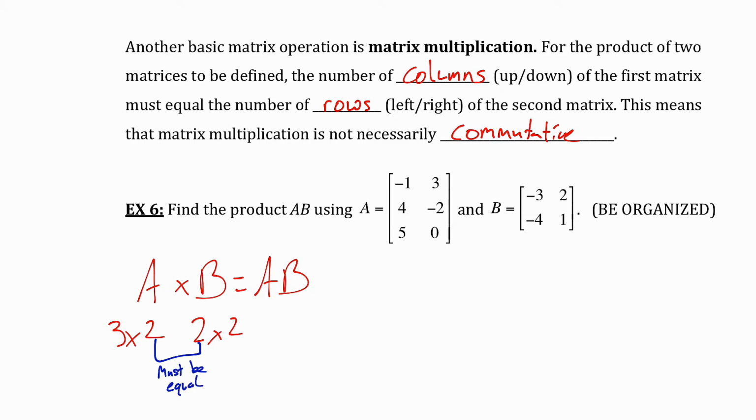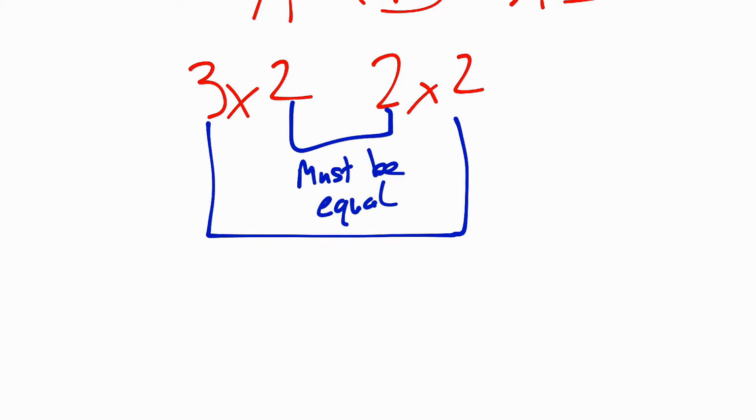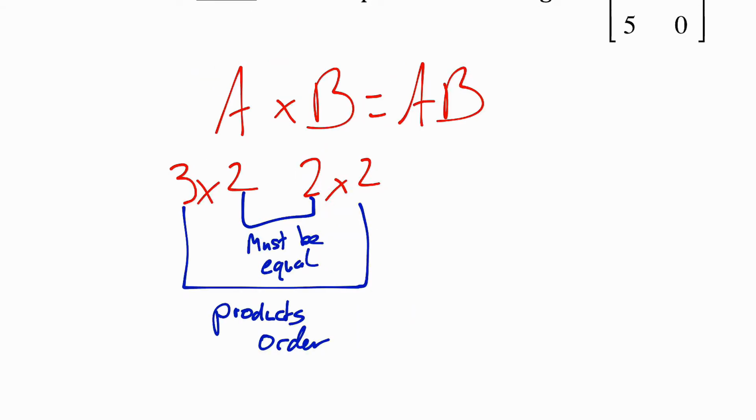If they are not equal, you're not going to be able to multiply them together. Now, these outer numbers are going to be the dimensions of the output of the product. So if you want to know how big our new matrix should be, look at the outer numbers. So our new matrix is going to be a 3 by 2 matrix.